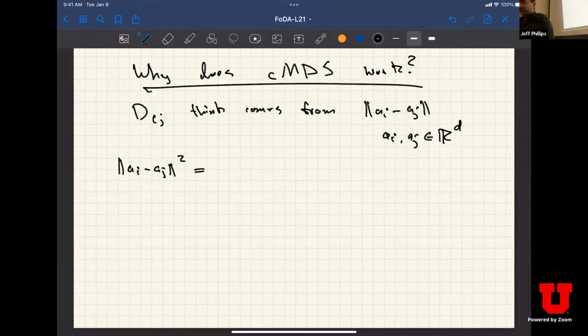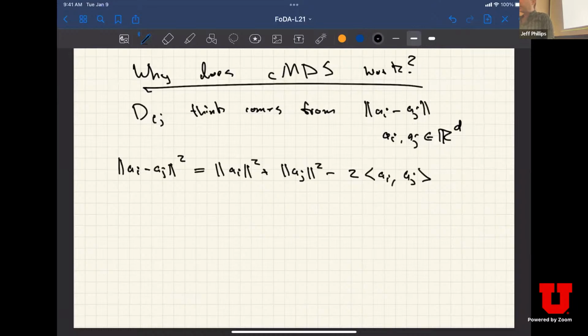This is why we want to look at the squared distance, because I can write this as the norm of a_i squared plus the norm of a_j squared minus 2 times the inner product a_i a_j. The squared Euclidean distance you can always write in this form.